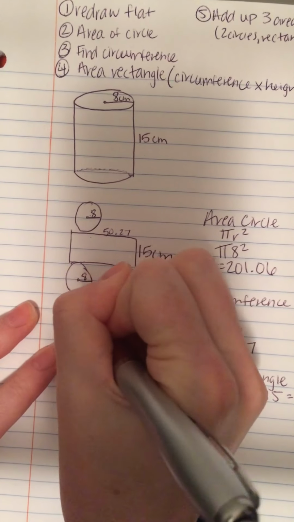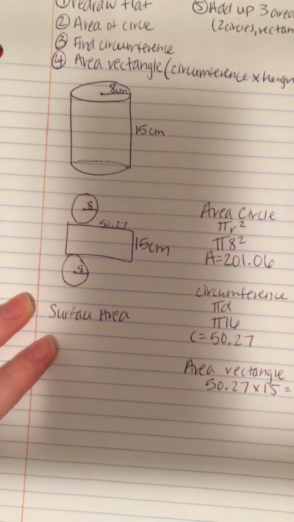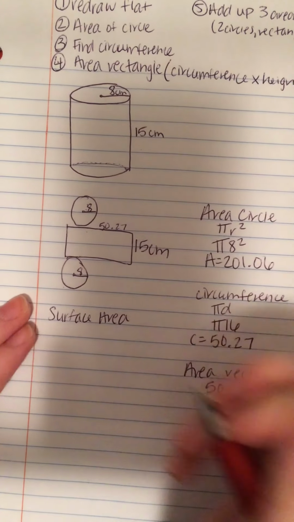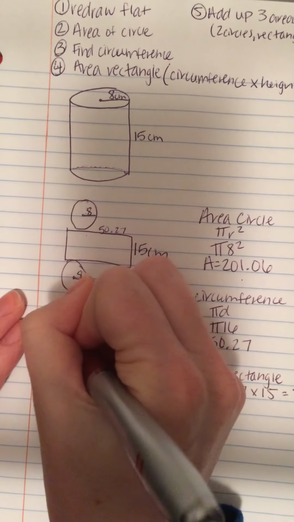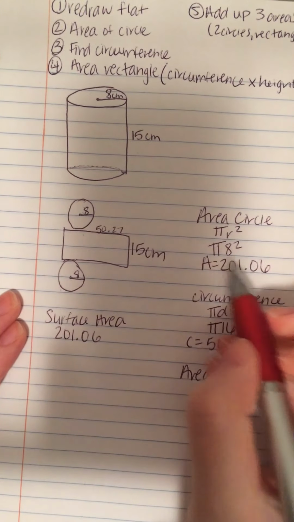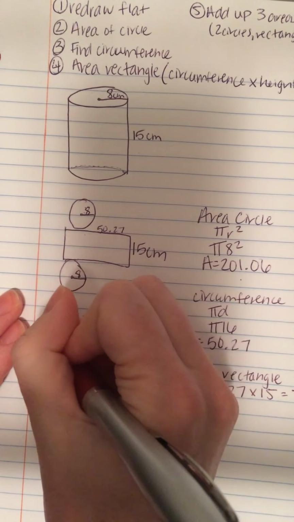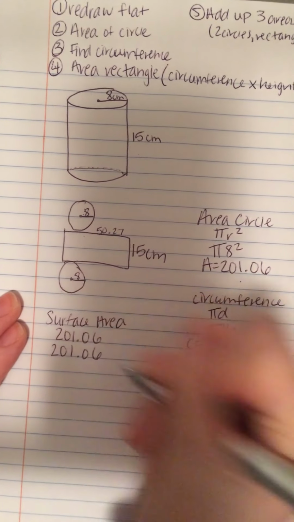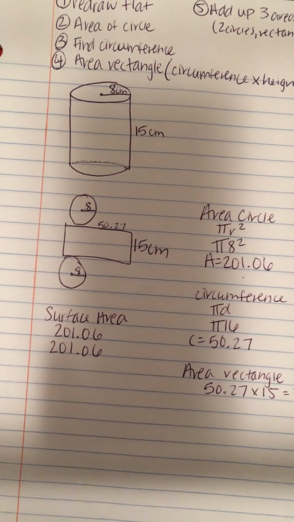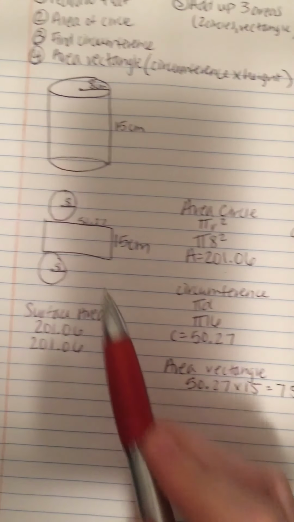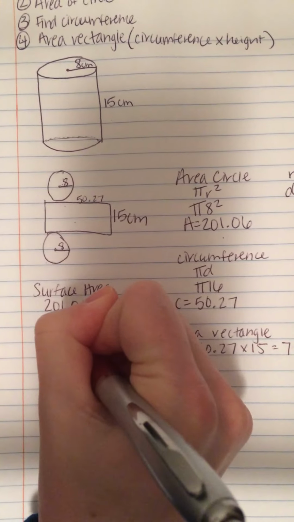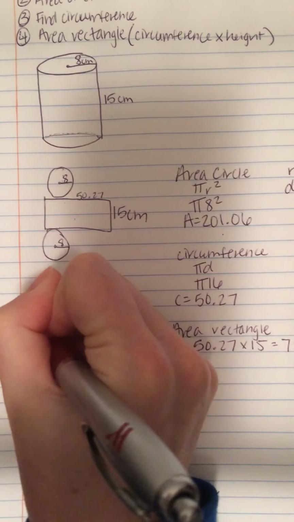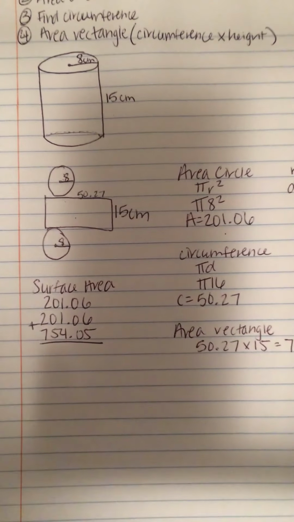For my final surface area, I have my two circles, so 201.06 was the area of my circle, and there are 2 of those circles in my picture, so I need 2 of those written down, one for the top of the cylinder, one for the bottom. And then I need to add the rectangle. The area of the rectangle we got was 754.05. So I'm going to add those 3 up.